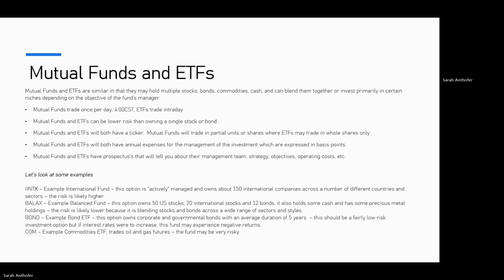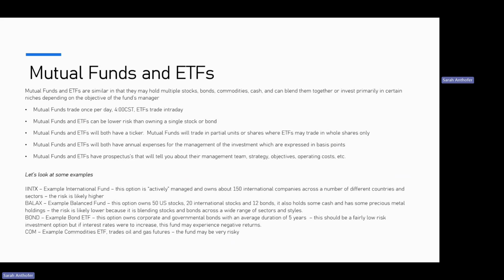Mutual funds and ETFs will both have annual expenses for the management of the investment, and it's going to be expressed in something called a basis point. It's going to be a percent on an annualized basis that you're going to pay for the management of that option, right? Because that company is going out and choosing the stocks or bonds to buy based on their risks. You're paying them for that professional service.